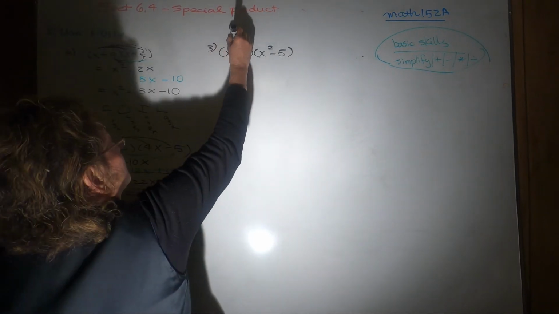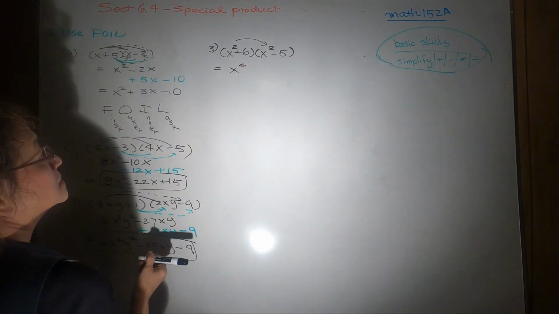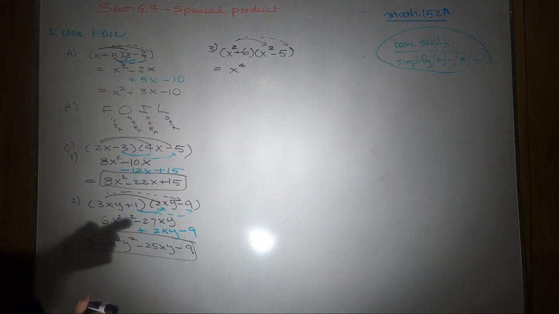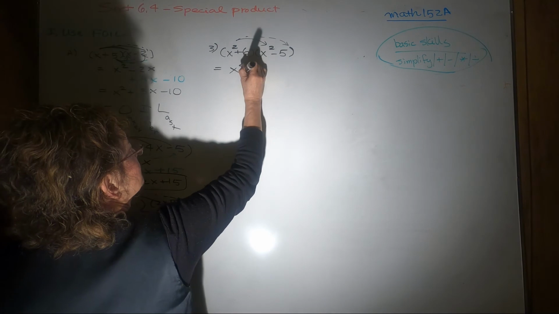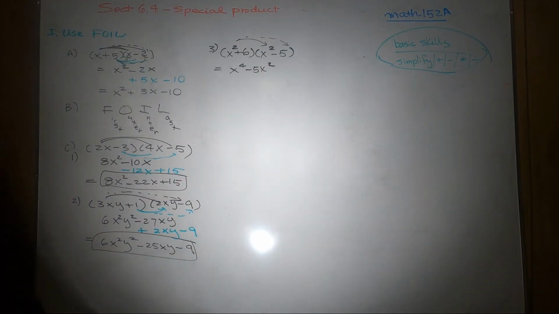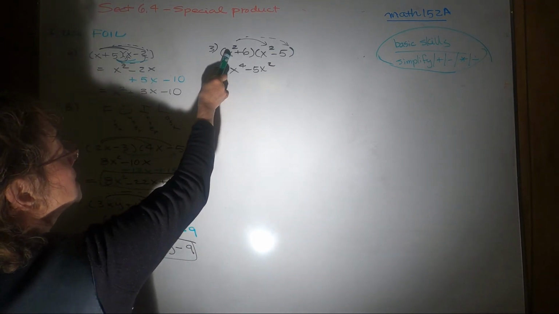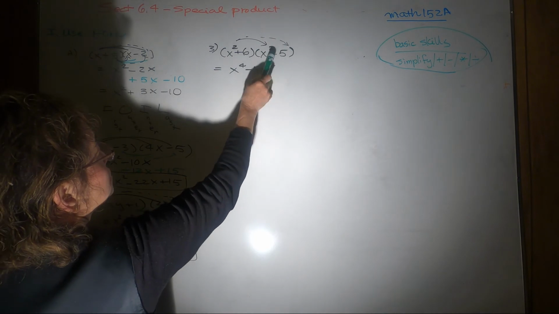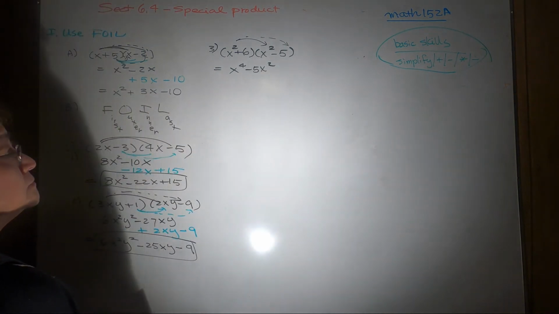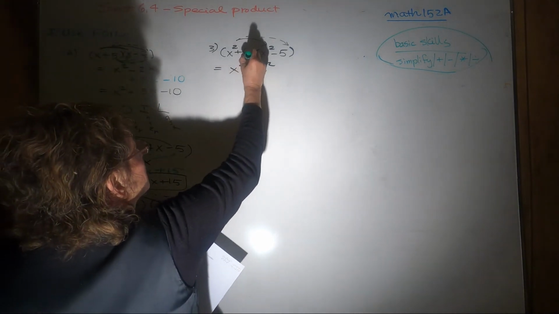So first, x squared times x squared, x to the fourth, right? Then x squared times -5 is minus 5x squared, right? That means you do the first one, then distribute to everyone in the second polynomial, right? Then you do the next number.